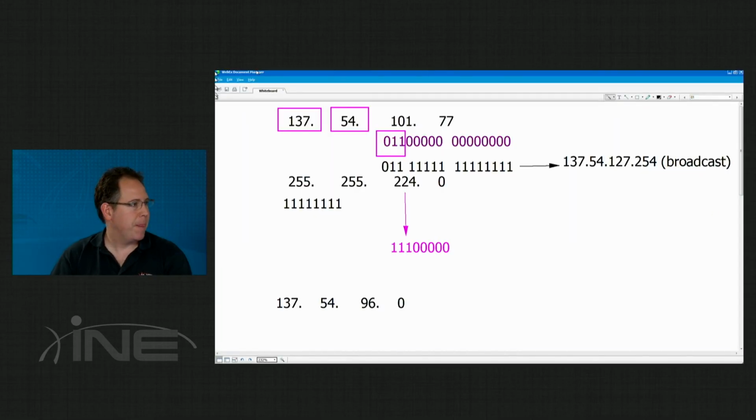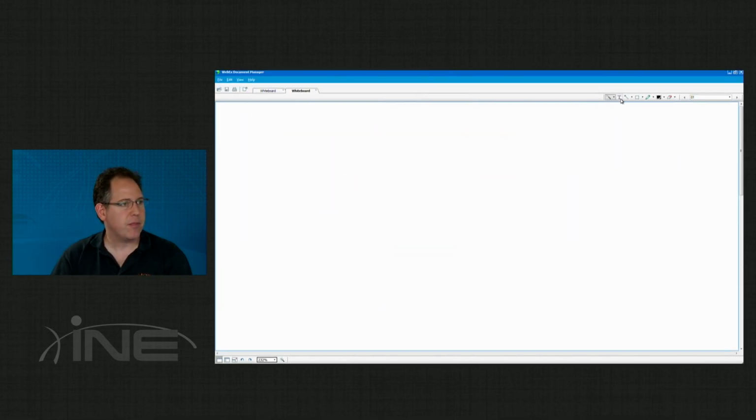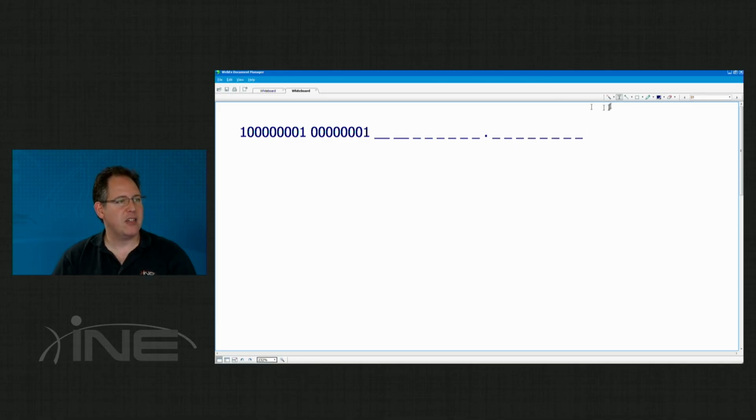For example, if this is what I was given from my service provider, 1, 2, 3, 4, 5, 6, 7, 8, 1, 2, 3, 4, 5, 6, 7, 8, that's what I'm given from my ISP, and I can't touch that. There are my remaining 16 host bits.